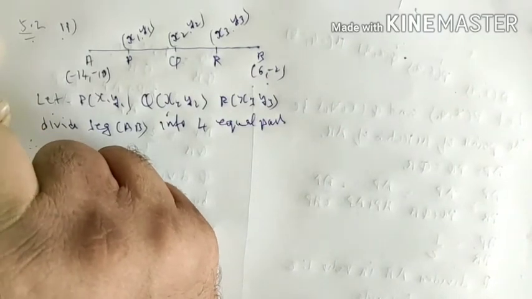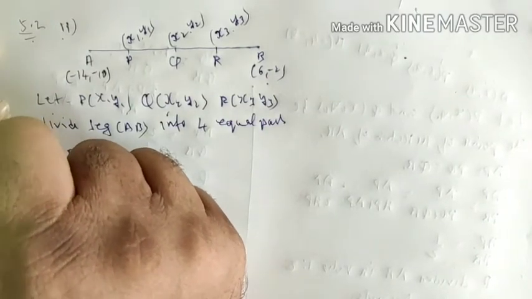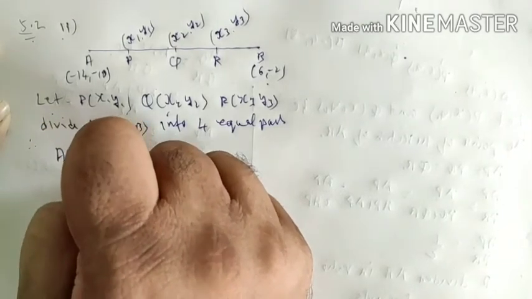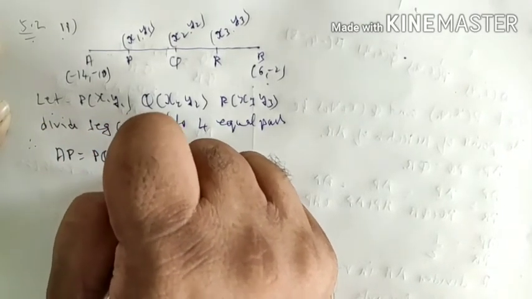Therefore, AP is equal to PQ is equal to QR is equal to RB.